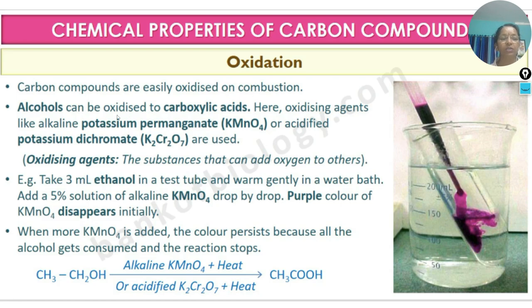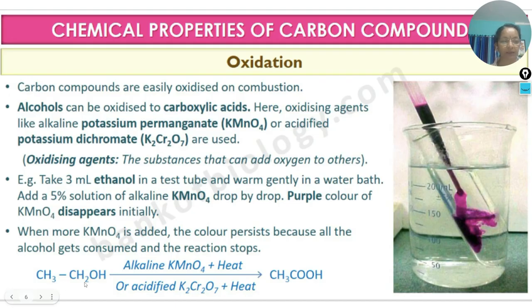It can be oxidized into, for example, alcohols can be oxidized into carboxylic acids by oxidizing agents like alkaline potassium permanganate or acidified potassium dichromate. They are called oxidizing agents.